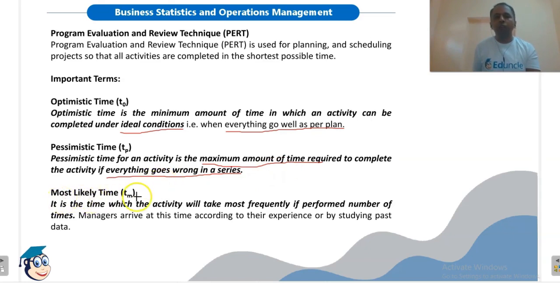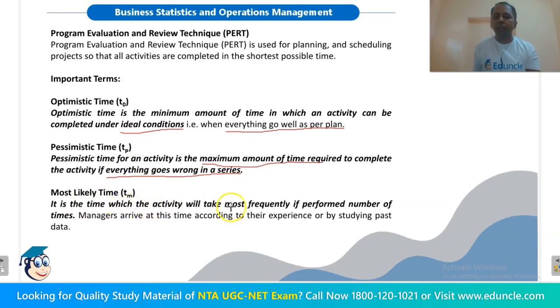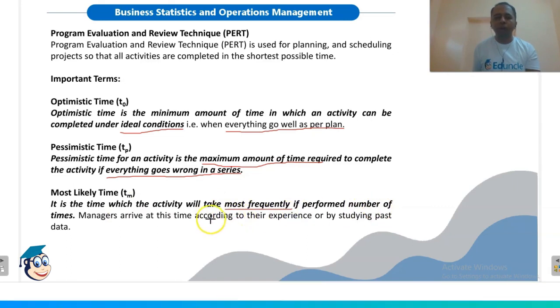Then most likely time. Every time we will not have the pessimistic time, and every time we will not have the optimistic time. Then we have the most likely time. It is the time which the activity will take most frequently if performed a number of times.